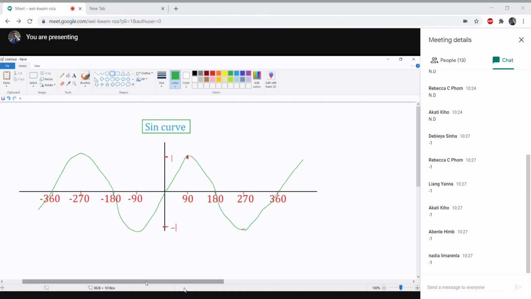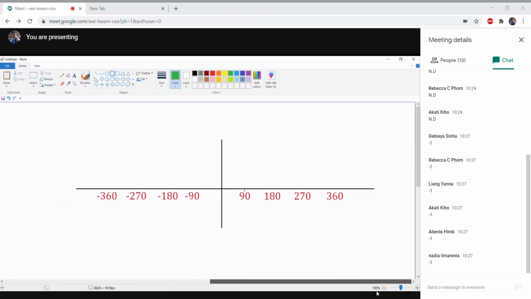Similarly, for the cos curve, if you give the cos values, let's say this is 1 and this is -1, right? What is the cos value of 0? Cos 0 is 1, right? And 90 degree is 0, and 180 degree is -1.